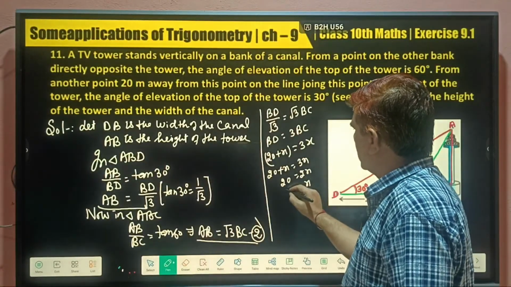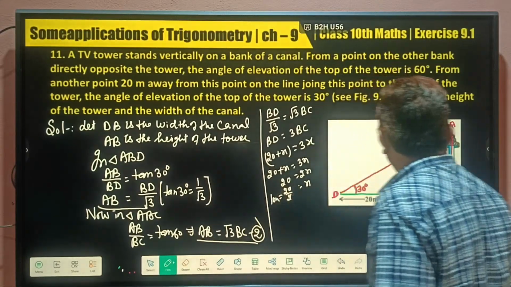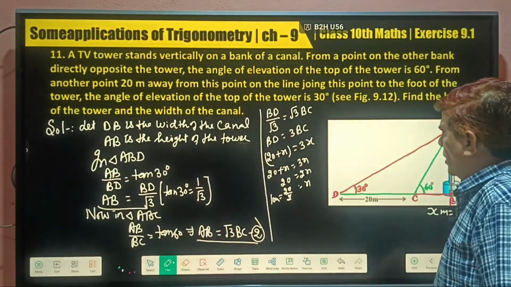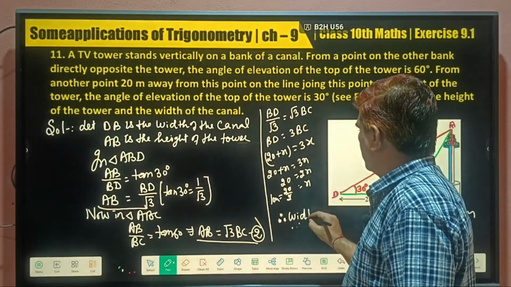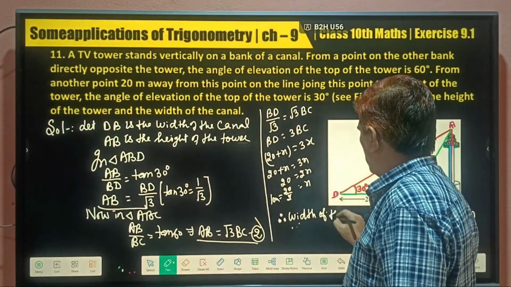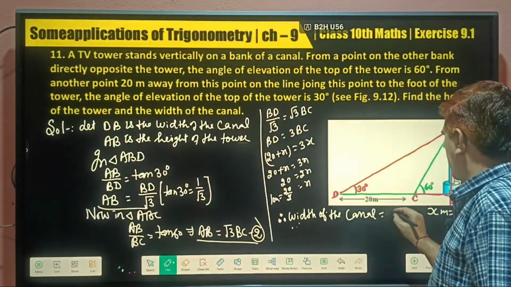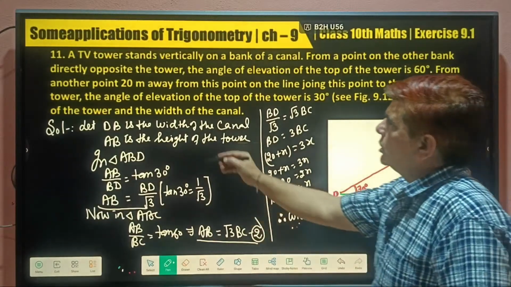So X is 20 by 2, 10 meters. Therefore, the width of the canal is 20 plus 10, 30 meters. This is the answer of this.